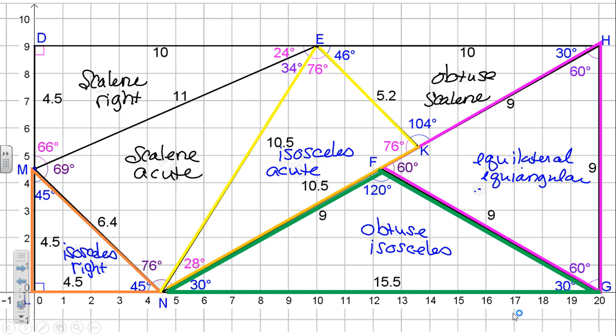What's happening with this isosceles triangle? What's going on with these angles in this isosceles triangle? Two of them are equal, right? Okay, bottom left has 2 equal angles, 2 equal sides. Okay? What about this one?